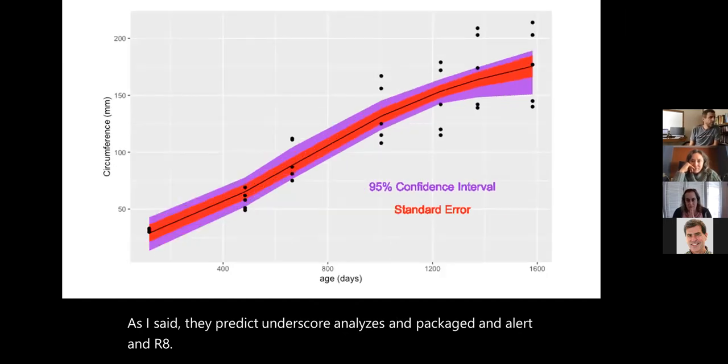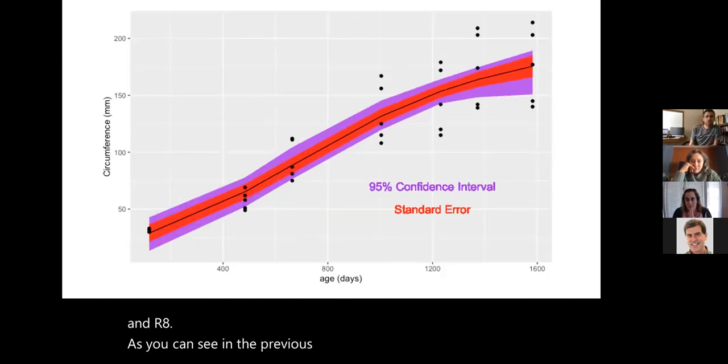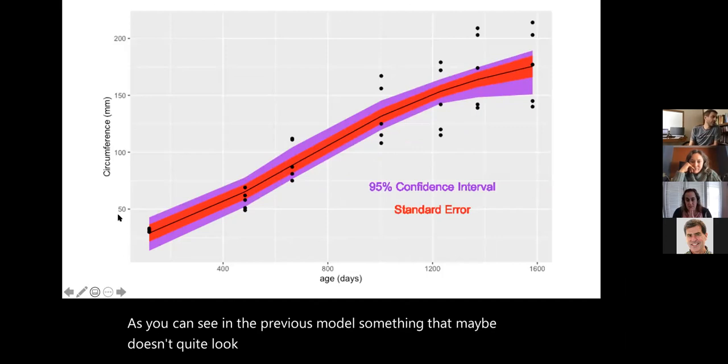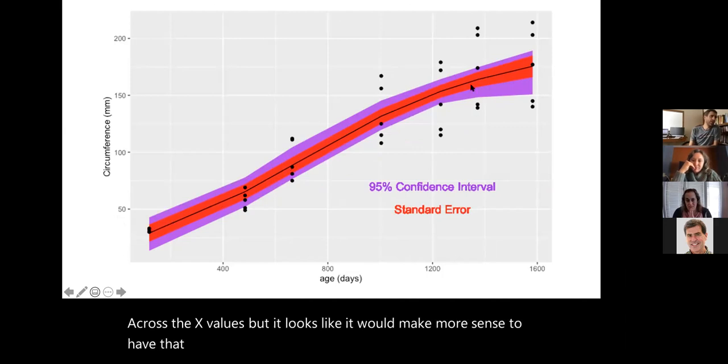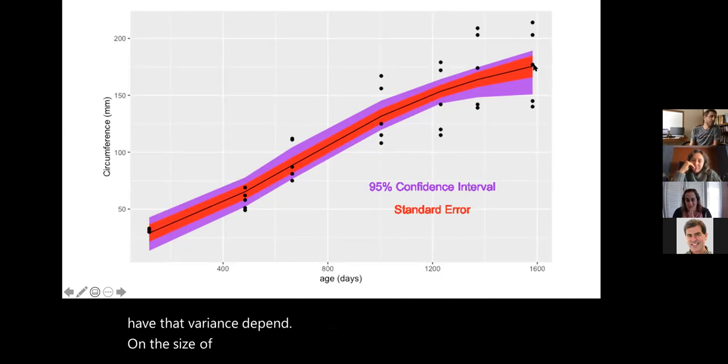As you can see in the previous model, something that maybe doesn't quite look right is that we just fitted the model as it is. We assume that the variance is the same across the X values, but it looks like it would make more sense to have that variance depend on the size of the fitted values, as it increases with the size.